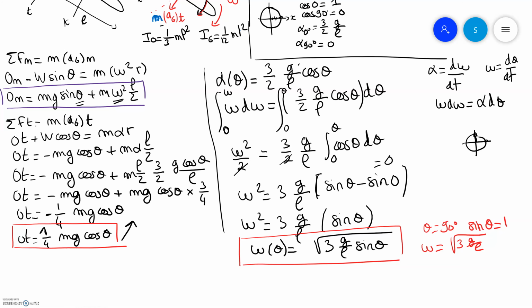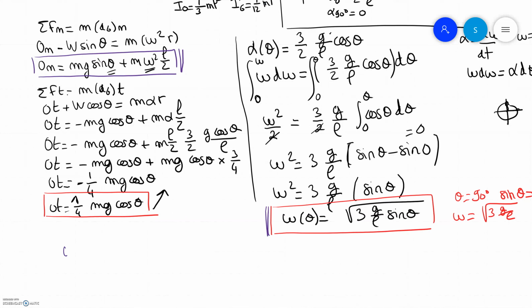So let's use these equations. ON is equal to mg sine theta plus ml divided by 2 omega square. And you see, it's omega square, so let's use right away 3g divided by L sine theta.